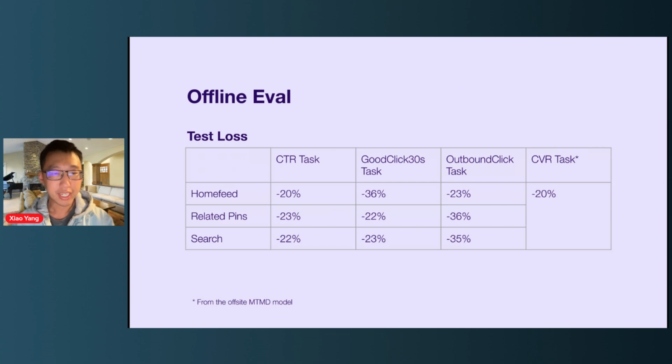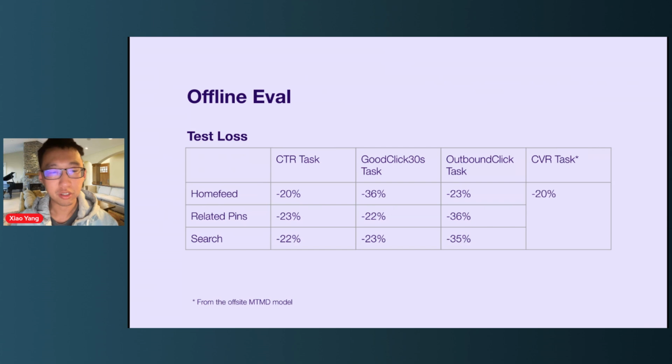You can see that on every single domain and every single task, for example, for the home fit domain and the CTR task, the new model compared with the old production model was able to reduce the test loss value by 20%.